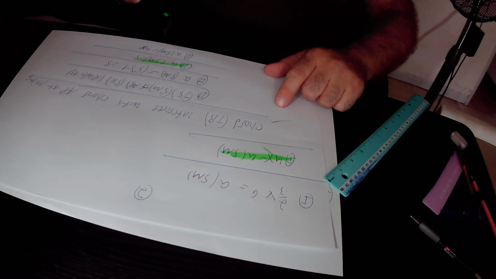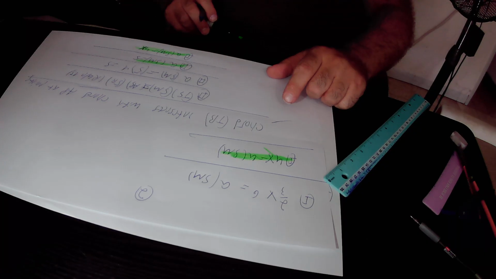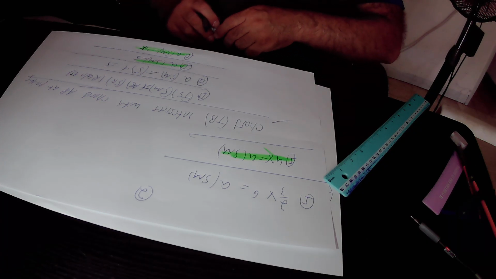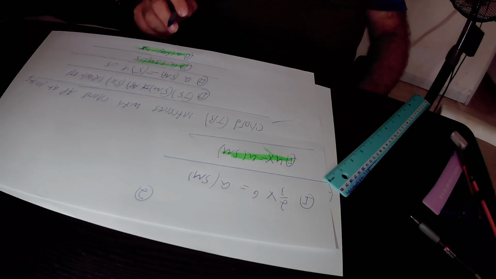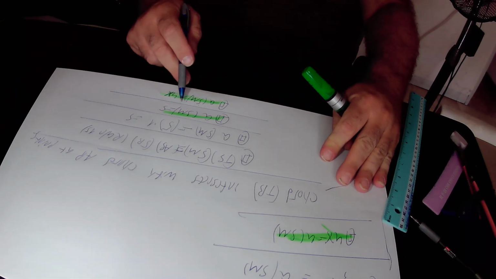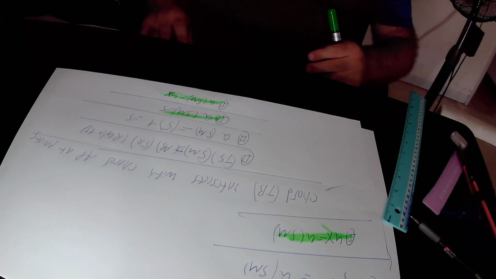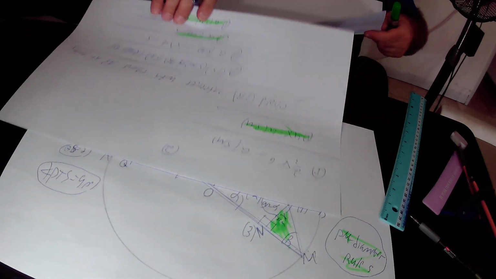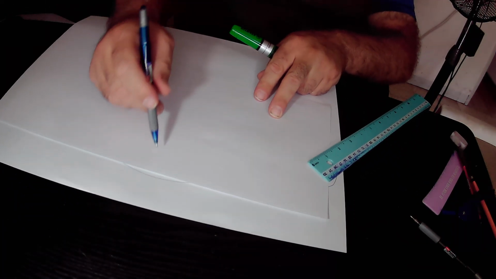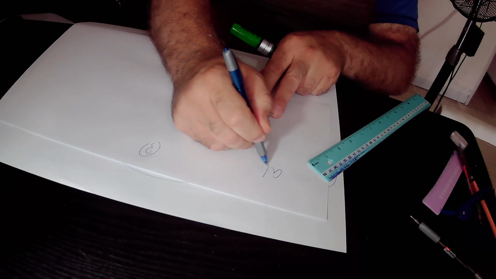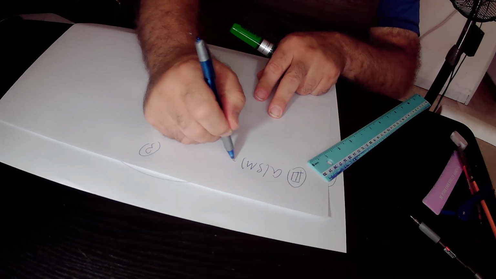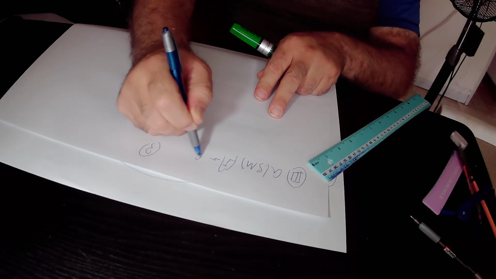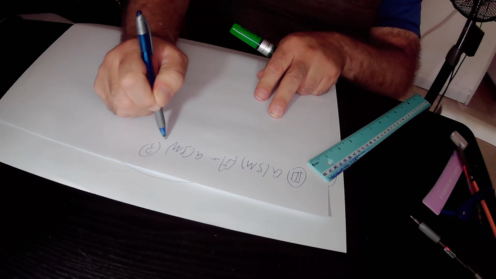So we have two different equations for A times SM, and therefore we get equation 3, which states that A times SM according to equation 1 must be equal to A times SM according to equation 2.